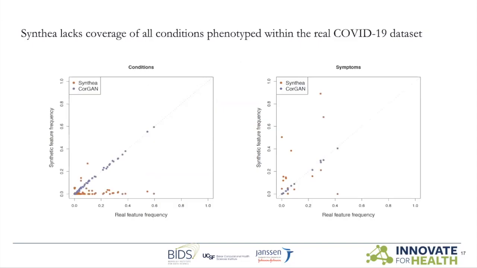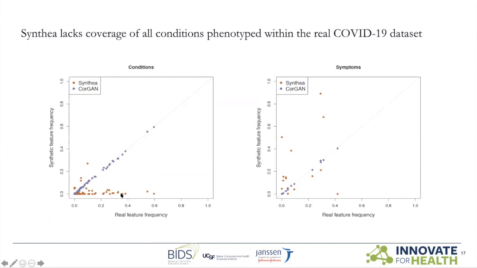Just a couple more summary demographics, but here we're looking at conditions and symptoms. For each defined condition, we map the real feature frequency or prevalence within the data set, and then compare and contrast that to the synthetic feature frequency on the y-axis. So again, CorGAN does a very excellent job of mapping this univariate feature frequency, as follows from previous results.